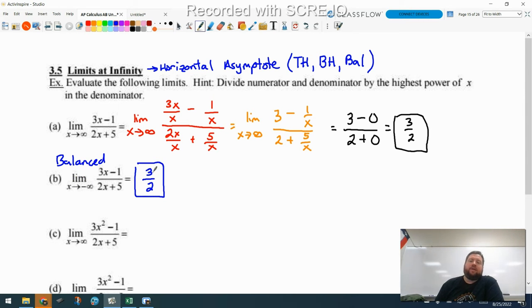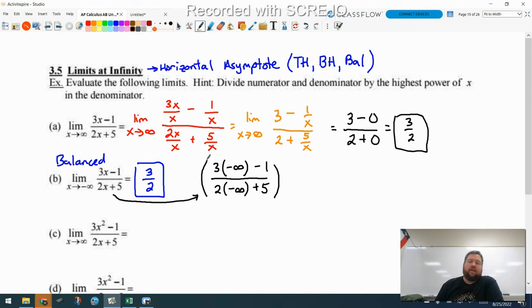Okay, you're never allowed to do this, by the way. This was a big talking point on the AP exam last year where kids did this. So they had the limit as x approaches negative infinity. And then they wrote their work like this. They did 3 times negative infinity minus 1 over 2 times negative infinity plus 5.